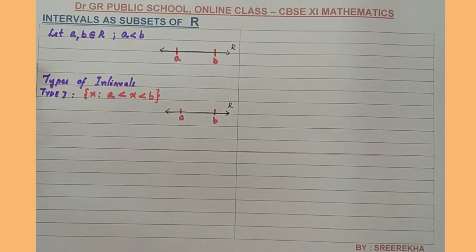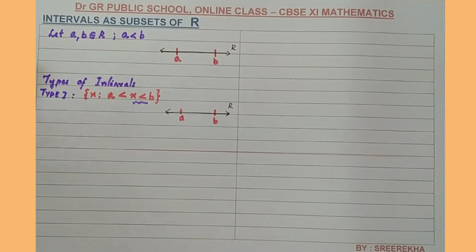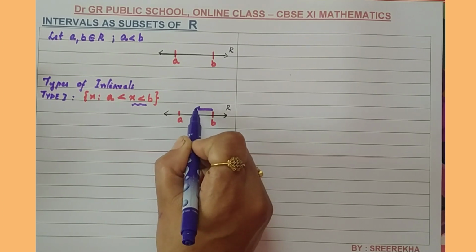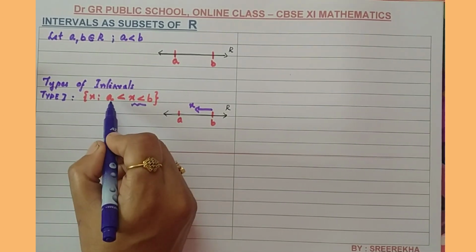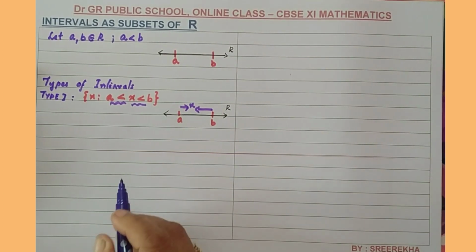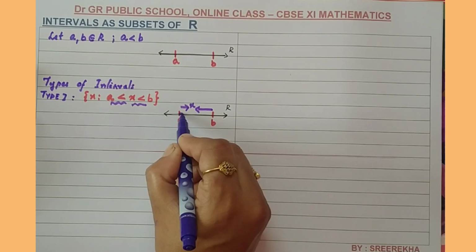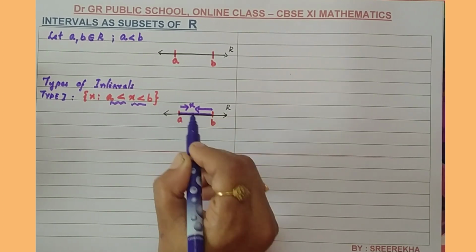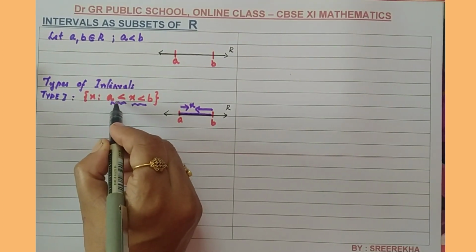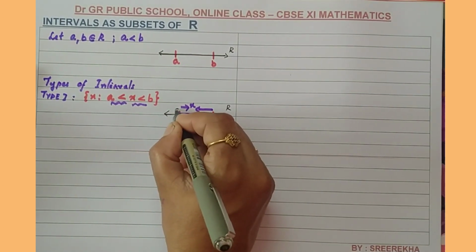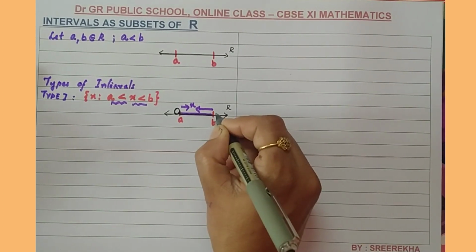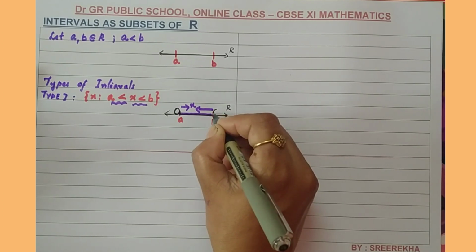From x less than B, you can say that the value of x lies here, and from A less than x, you can say that the value of x lies above A. Thus, all the elements between A and B are included in this interval, but the less than symbol represents that the point A is not included, which we mark with a hollow circle, and the point B is also not included, which we also mark with a hollow circle.